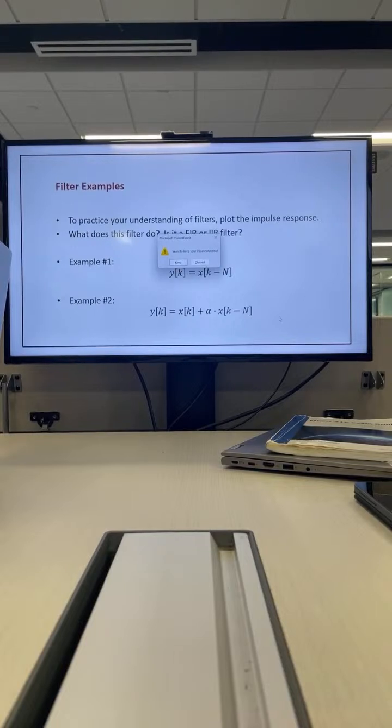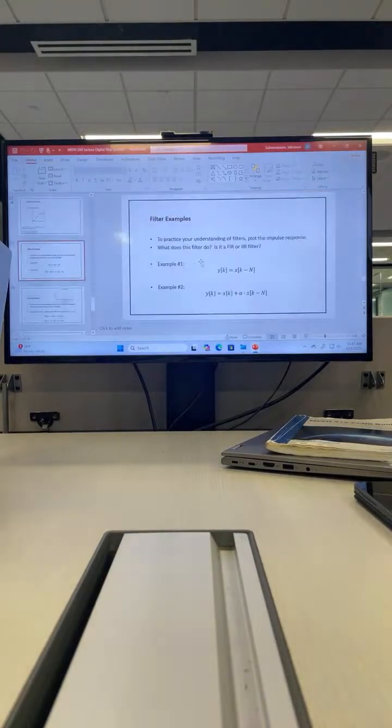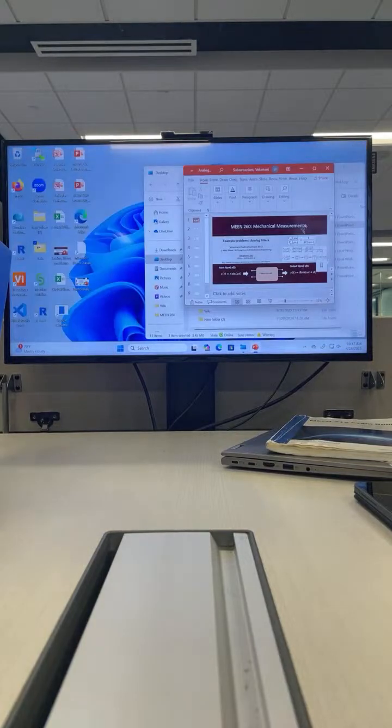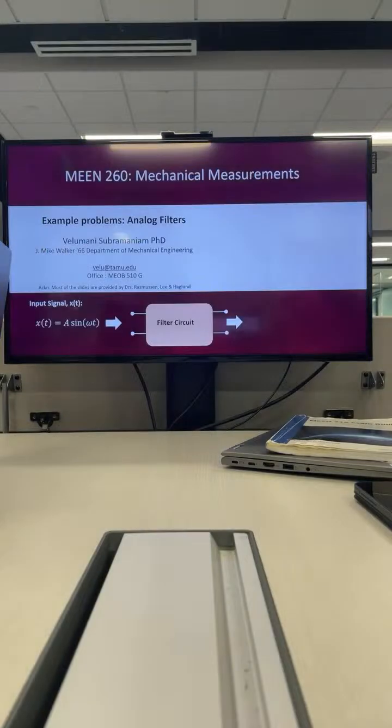Now let me pass on to the next topic, another 20 minutes for analog filters, the problems. Let's work out 3 or 4 more problems on this.